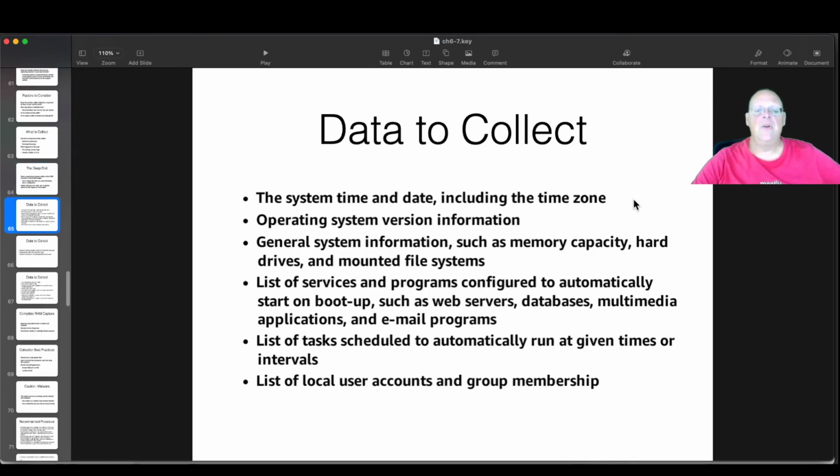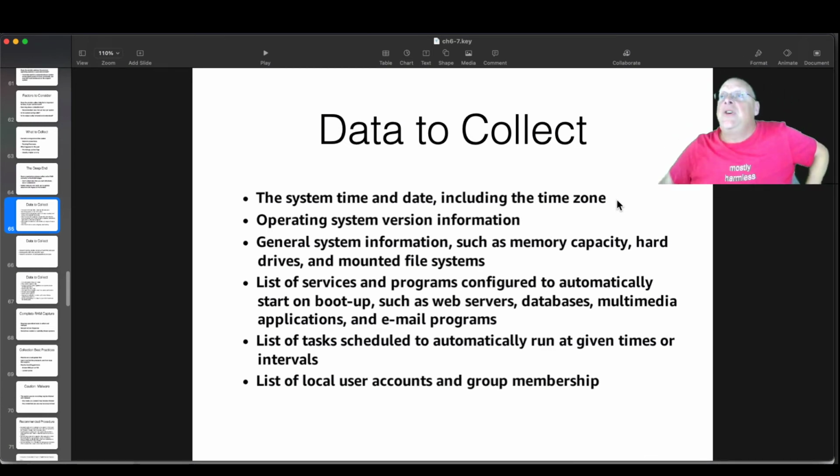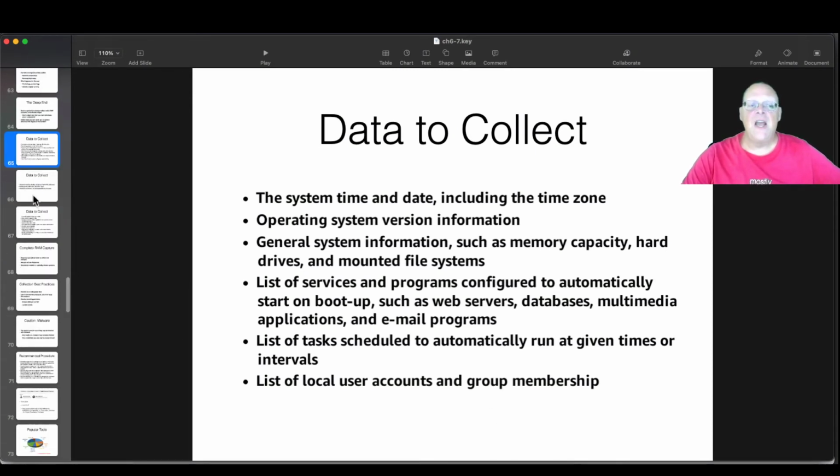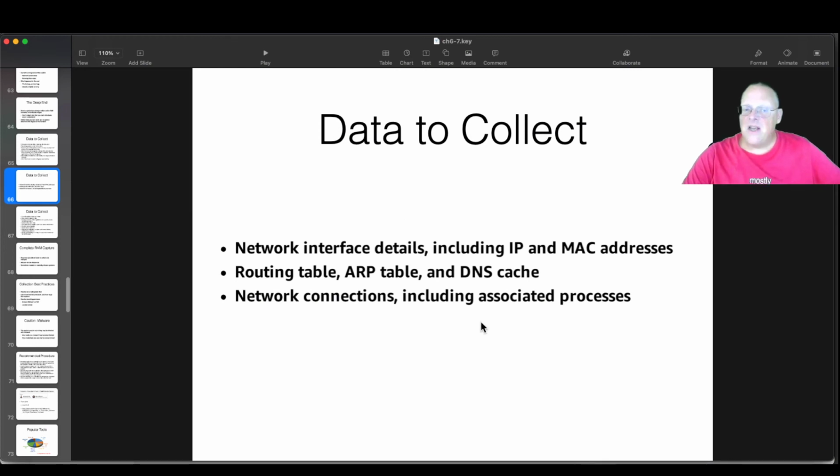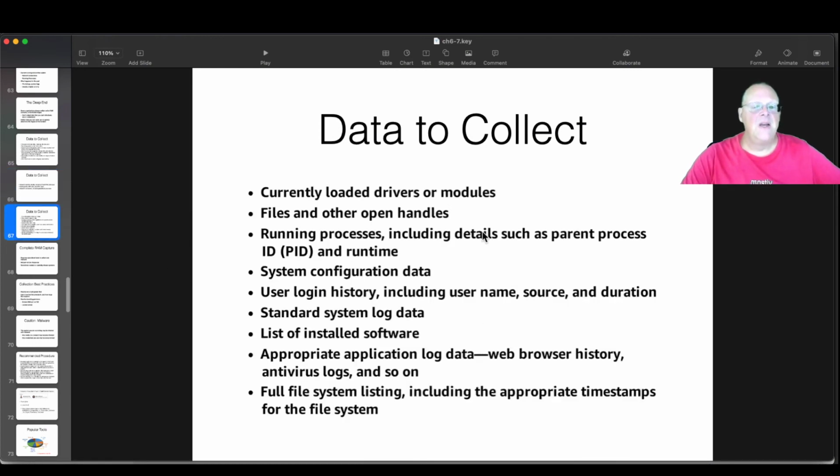So you want the time and date, especially the time zone. A lot of attackers like to change the time setting on the machine to conceal their evidence, and you do need to know the right time on every machine so you can organize logs, information about the system, and all the auto runs that automatically launch, all the scheduled tasks, user accounts, and memberships of groups to see if there are extra accounts, network data, all the network information, and all the drivers, files and open handles running, processes, login history, all the system logs, application logs, and a list of all the files with timestamps and owners.